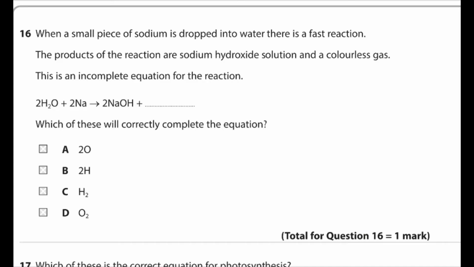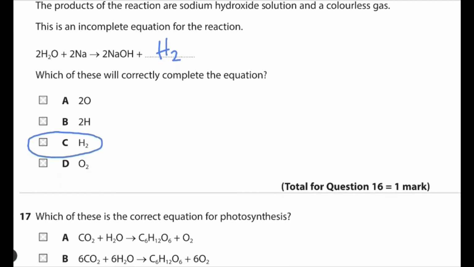If you can remember, it's hydrogen, and it also has to be balanced. Hydrogen gas is a diatomic molecule, so it will be H2. So the answer is C. When a metal reacts with water, it creates its hydroxide and emits hydrogen gas as well. It is already balanced in this way.